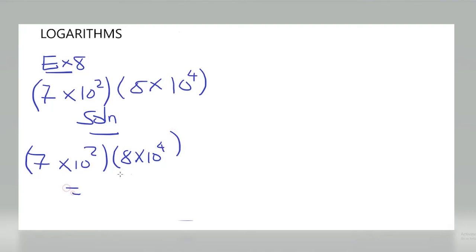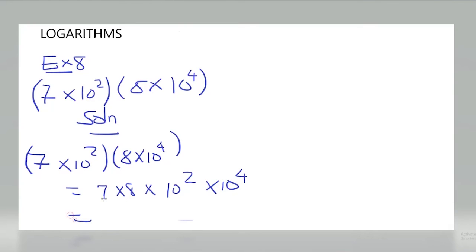Now this will be equal to, collecting the like terms. In my case, 7 and 8 are like terms, and 10 power 2 and 10 power 4 are the same base. So it's 7 times 8, times 10 squared times 10 power 4.